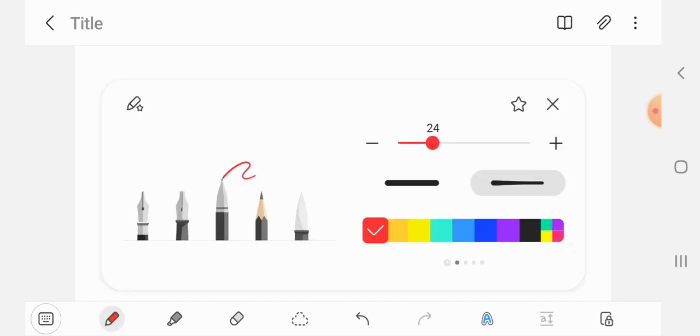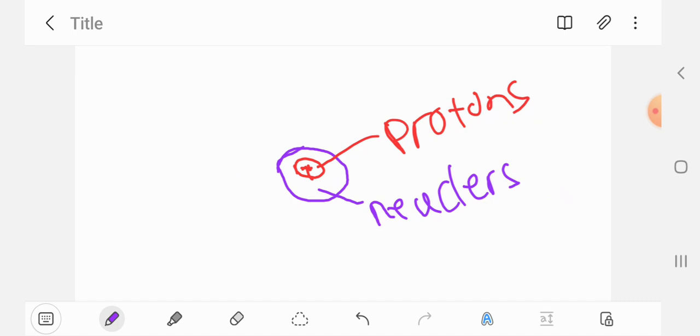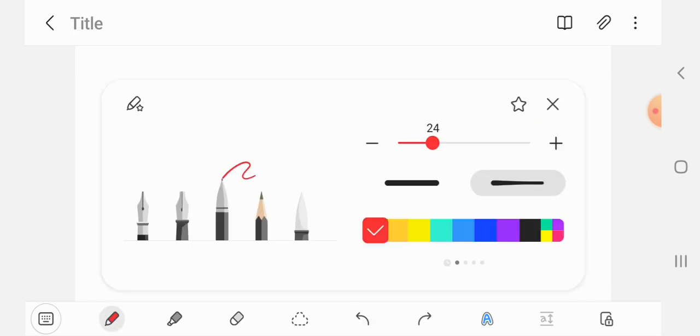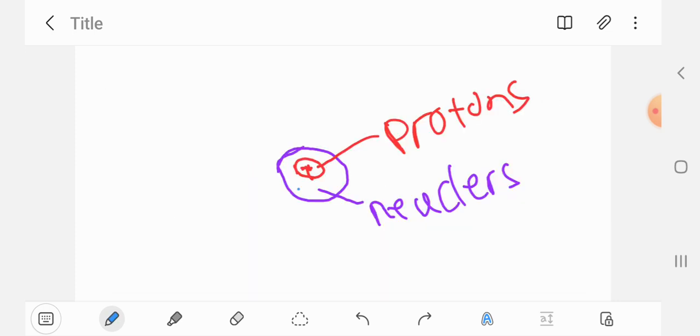And you also find, let me use a different color, this thing is a neutron. Neutrons. Inside the nucleus you find protons and neutrons.